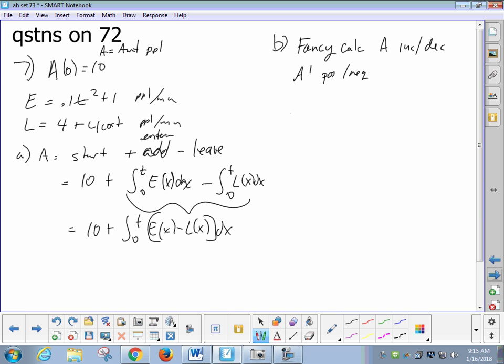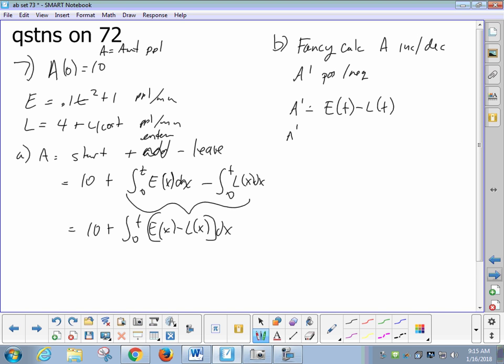Well, A prime is the derivative. The derivative of 10 is gone. Here, it's the derivative of the antiderivative, which is just the function. So the rate of change in the amount is just enter minus leave. That makes a whole lot of sense, because those are the rates at which people enter and leave, so together they are the overall rate of change.